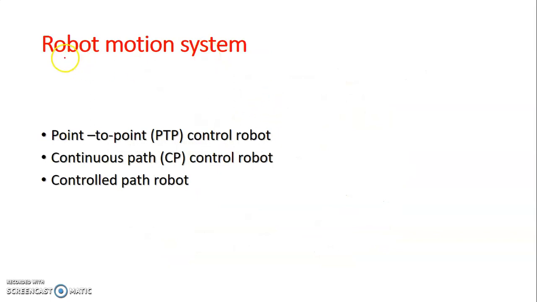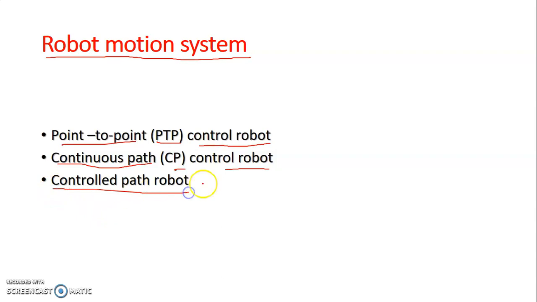What are the different types of robot motion system? How can the robot have different motion systems? One is called point to point, or shortly PTP control robot. The second one is called continuous path, CP control robot, and the third is controlled path robot. So these are the three different types of robot motion system.